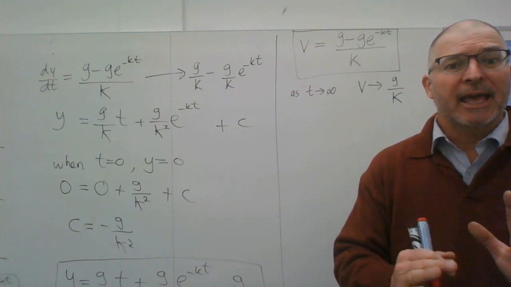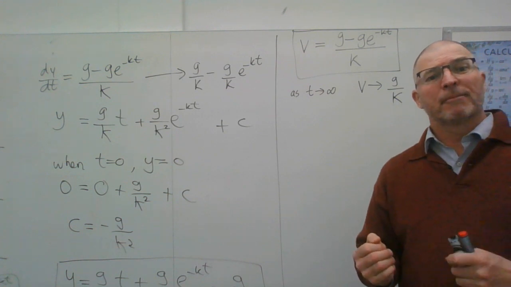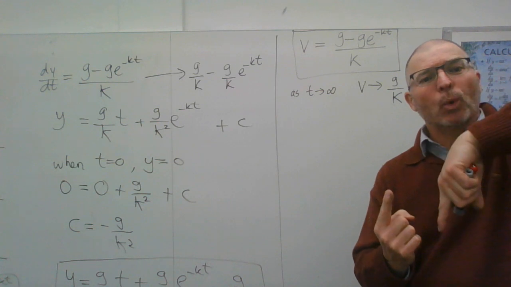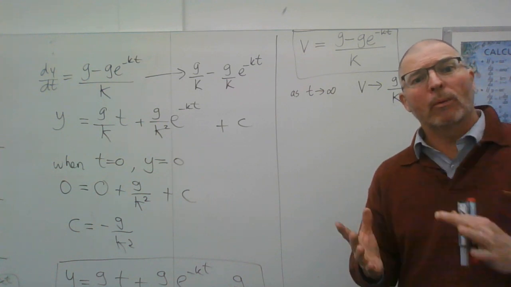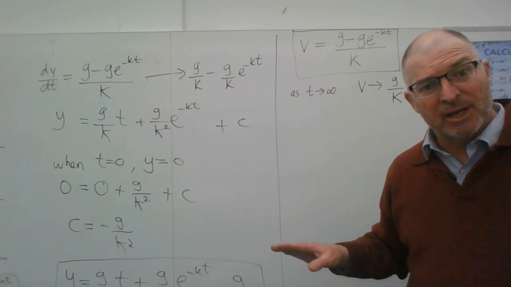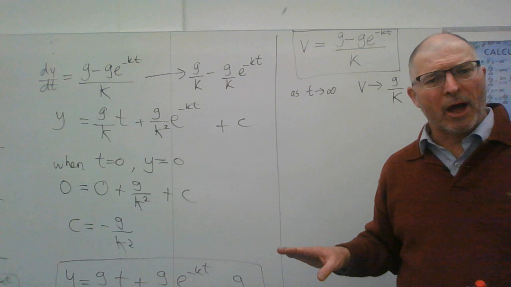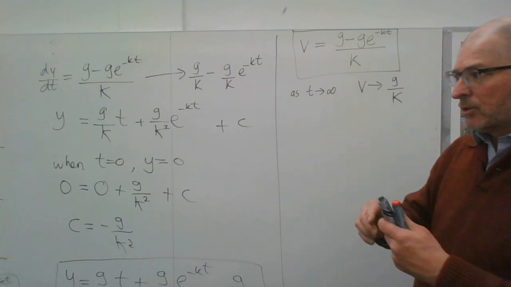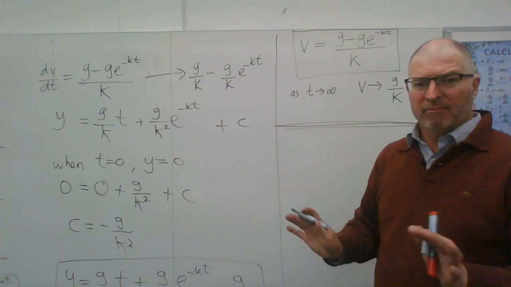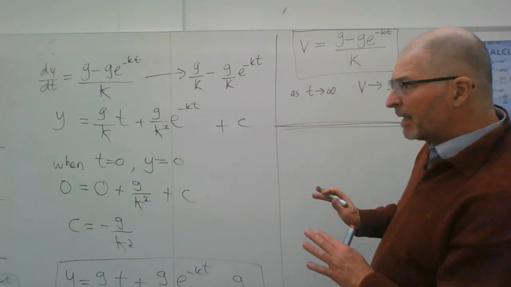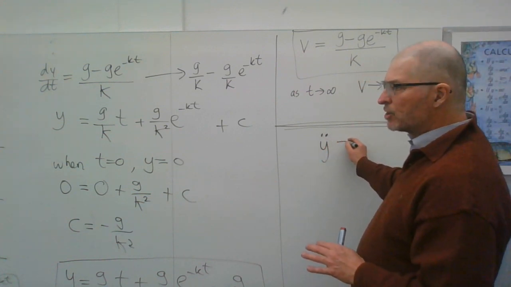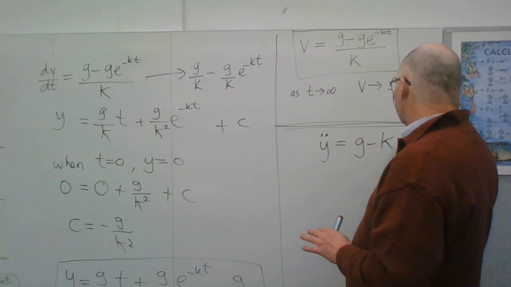Importantly, what I just said is that the force of the resistance and the force of gravity are equal. So if we set them equal, we can work out the answer without having to find the equation of the velocity in terms of time and sending time to infinity. Right back at the beginning, I had said that y double dot, the acceleration, is g minus kv.